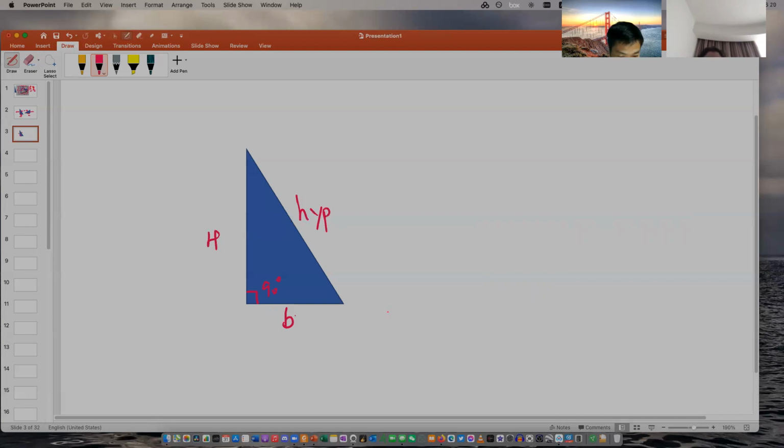So the formula is b squared plus h squared is equal to hyp squared, the hypotenuse squared. This is called Pythagoras theorem. Once again, the spelling is very complicated, so most likely I will misspell it. So I'm not going to give you the spelling, but just memorize this formula.